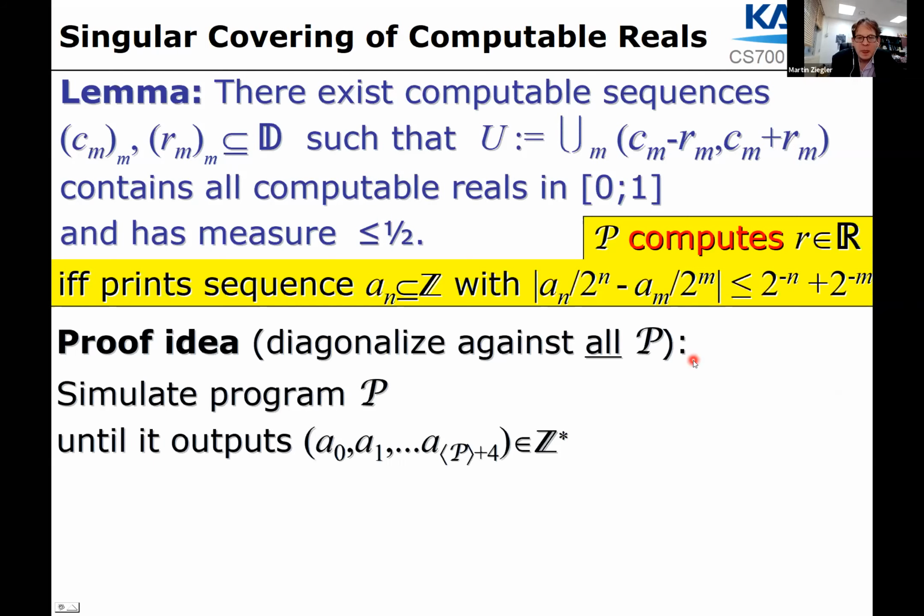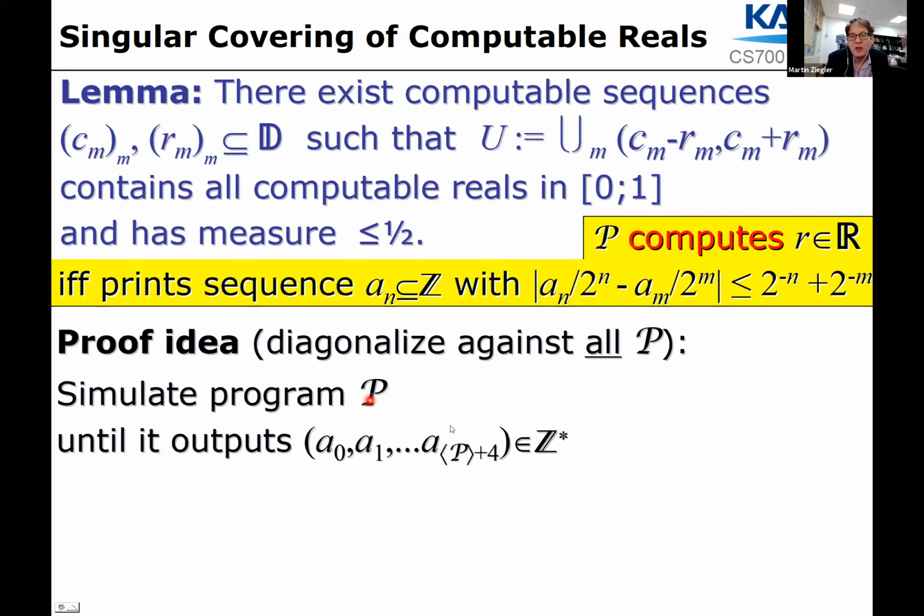So here's our diagonalization algorithm. We fix a program P, an algorithm, in some enumeration, and we simulate it until it outputs that many numerators of diagonal approximations. The number is the index of that algorithm, right?